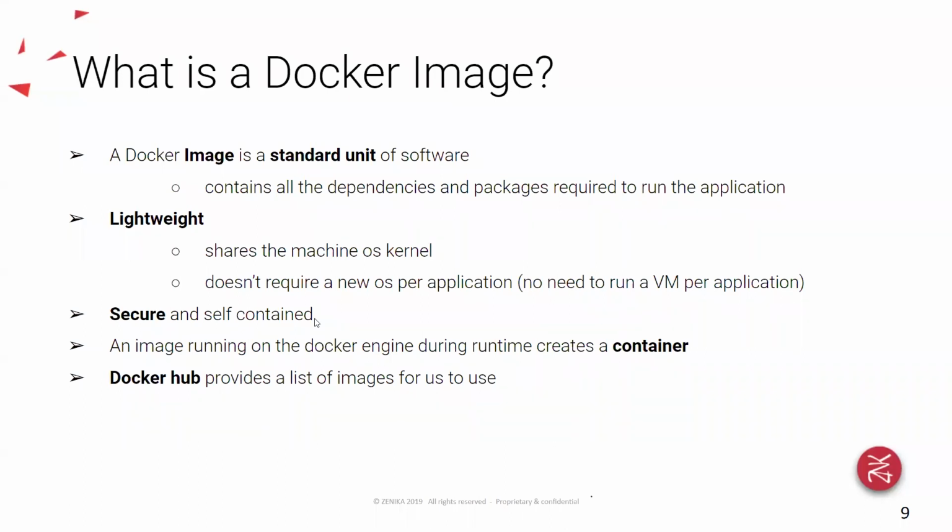We run it by container start, and once we close the application, we do container stop. So once an image is running, it creates a container. And the image itself is the standard unit of software, it contains all the dependencies as well.